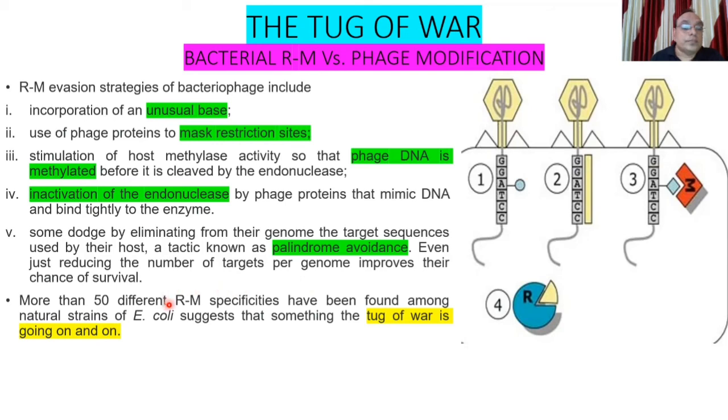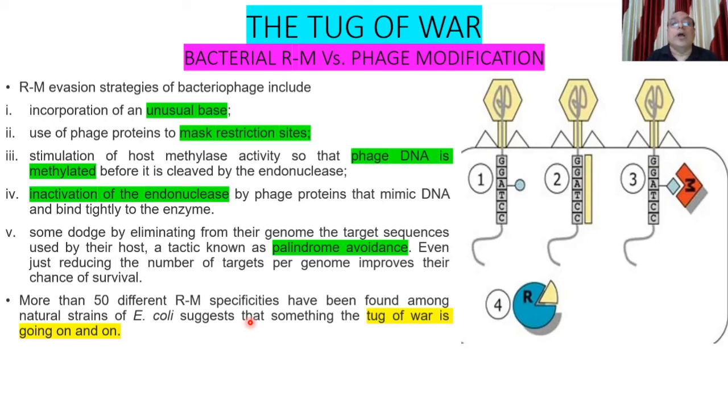So there are many restriction modification systems in different bacteria. So there is not one restriction modification system. That is, the multiplicity of restriction modification systems shows that evolution is going on.